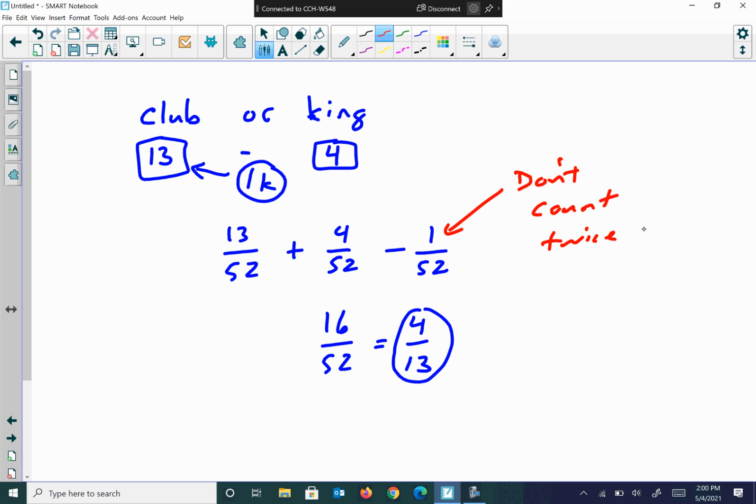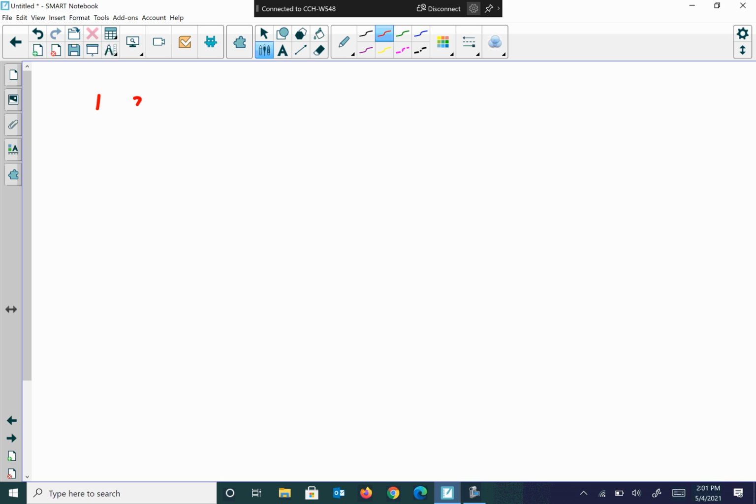And then if you draw 1 card at random from a deck of 12 cards numbered 1 through 12, okay, so you have 12 cards. 11, 12. You have 12 cards. If you draw a card numbered 1 through 12, what is the probability that the card you draw is divisible by 3 and even?